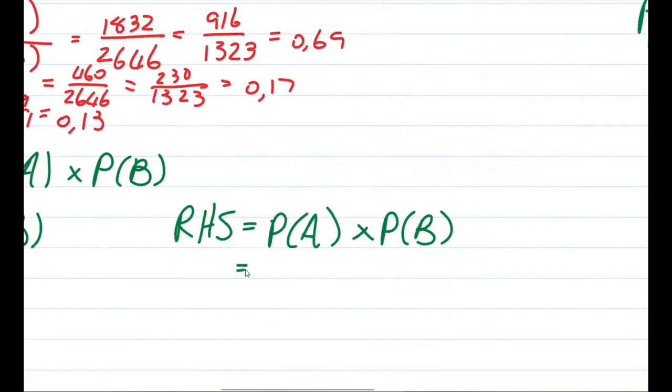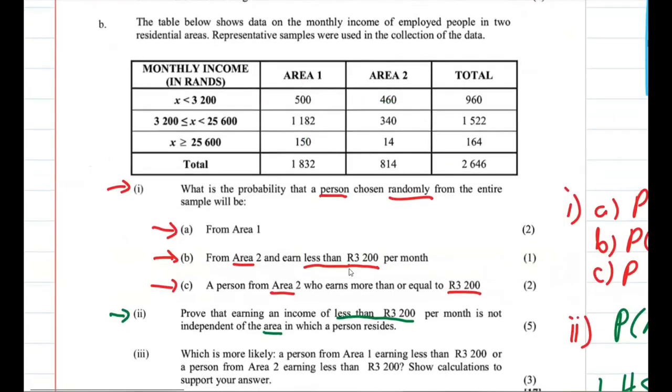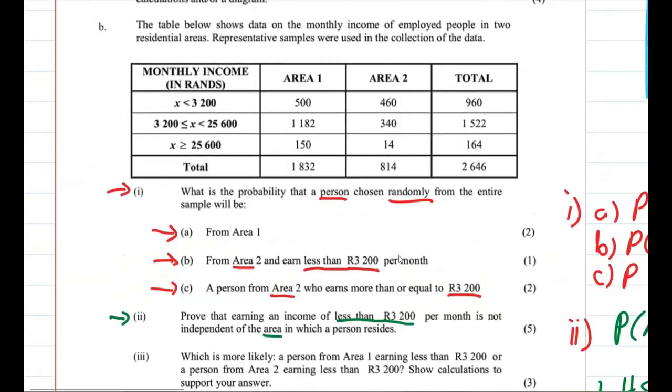Right. Let's look at this. Probability of A. What is the probability of A? Probability of A, we said, is the less than 3,200. What's the probability that somebody gets less than 3,200? So would we say the total of A? Yes. So the total of the less than 3,200. What's that? Yes. 960.